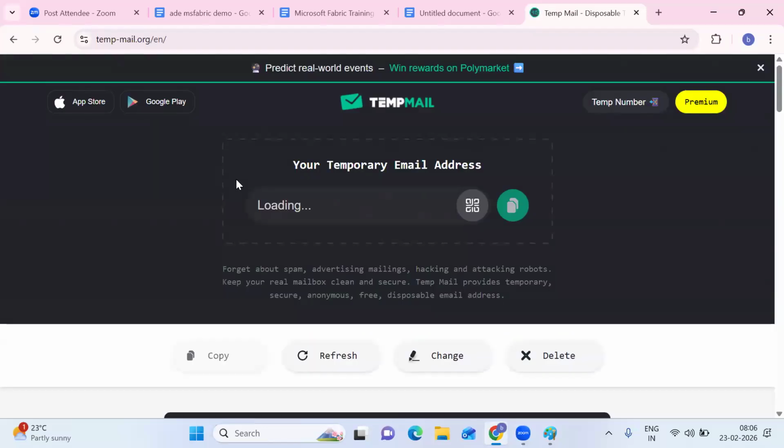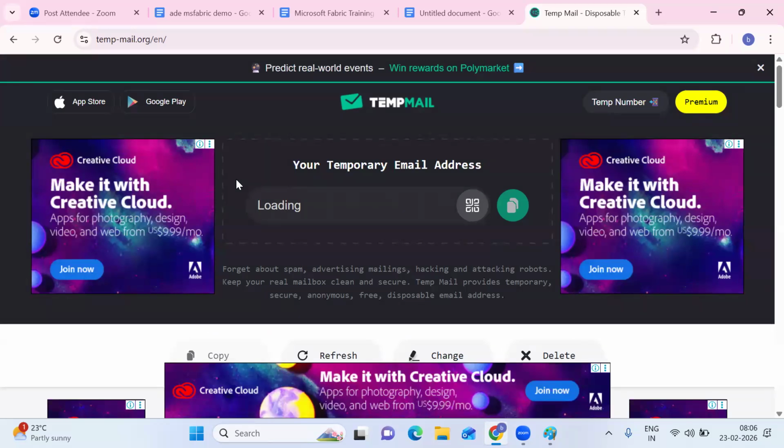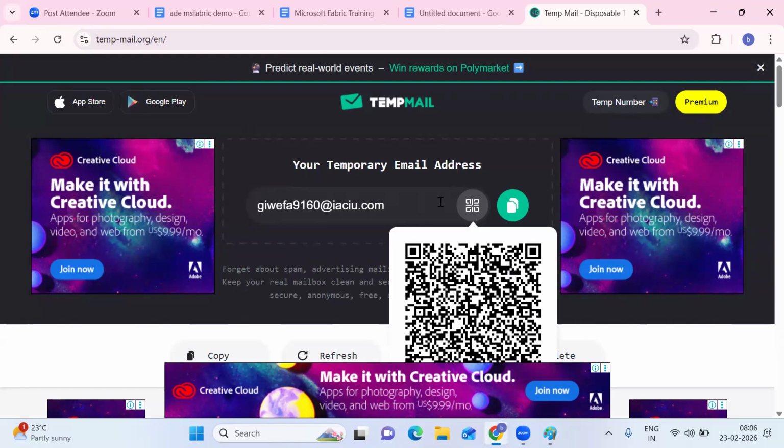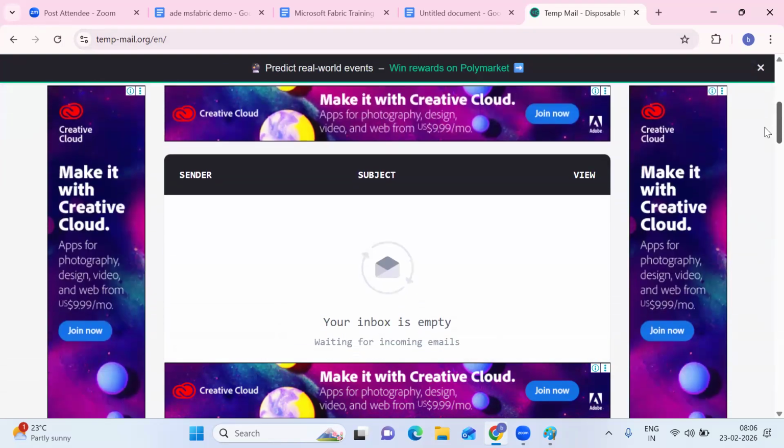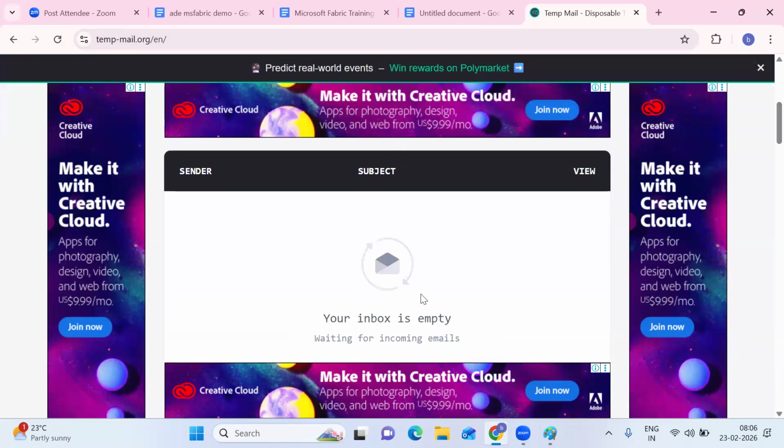Generally, Microsoft Fabric does not accept your personal emails. Try with tempmail.org. Here it is giving you something like this, so I just copy it and with this you can try. Any mails, notifications or OTPs you get, you will see here.